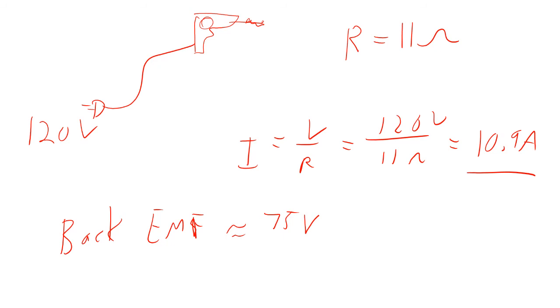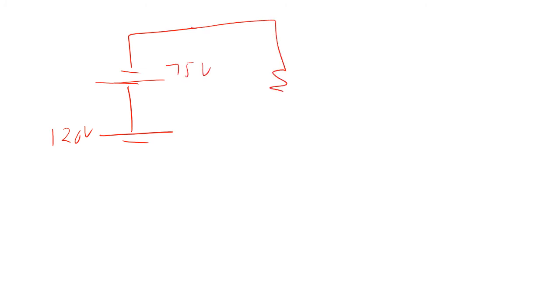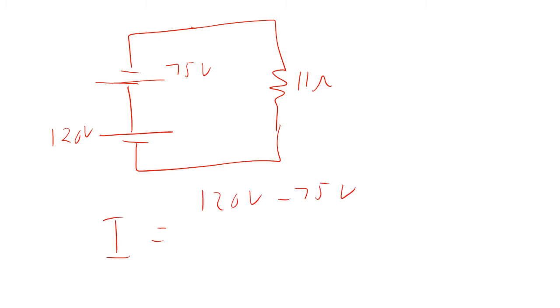And so this is going to act like 120 volts, and then it's going to act like there's a backwards EMF in here of 75 volts, and then an 11 ohm load. And so if you work that out, then the current is going to be 120 volts minus 75 volts divided by 11 ohms.